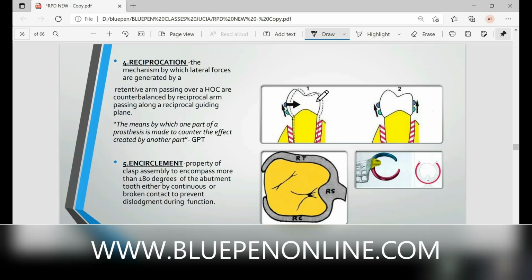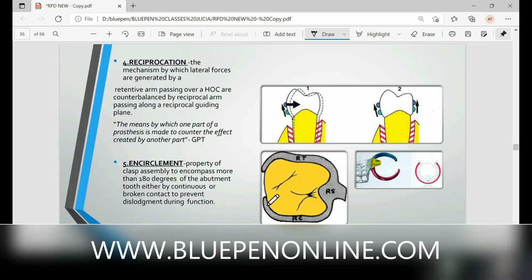Now you have encirclement. Encirclement means to encircle. It is the property of the clasp assembly to encompass more than 180 degrees of the abutment tooth. It can be continuous or broken. If you have a complete encirclement, what happens?